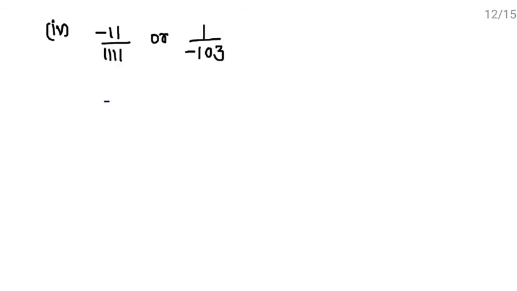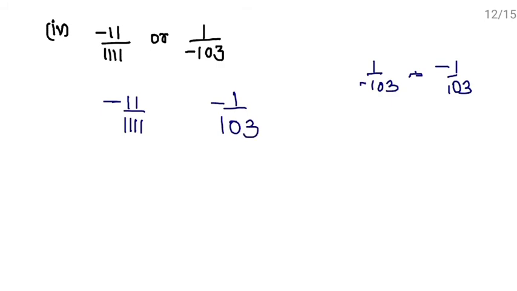Next one, minus 11 upon 1111. This 1 upon minus 103 can be written as minus 1 upon 103. Simple. So write it here, minus 1 upon 103. Now denominators are different, so we will use cross multiplication method.